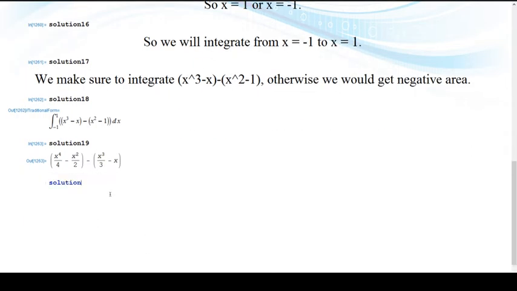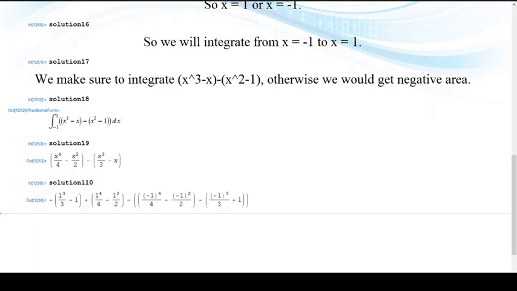So, doing that, I think we get 4/3. Yeah, here we plug in those values, and then after we plug in those values, we get 4/3 as our answer.